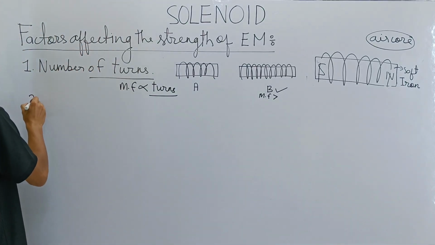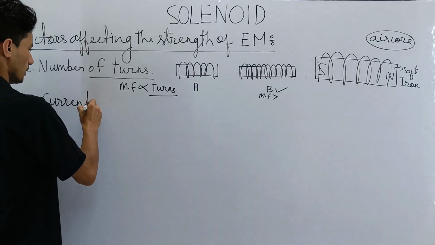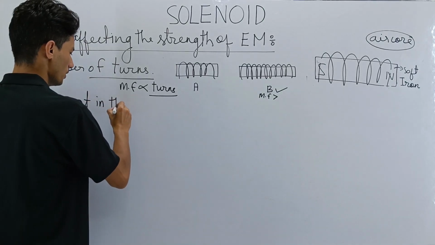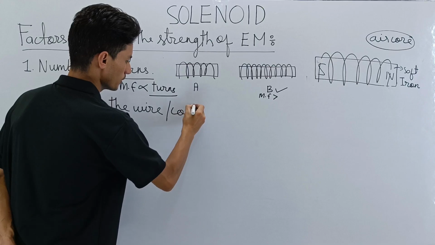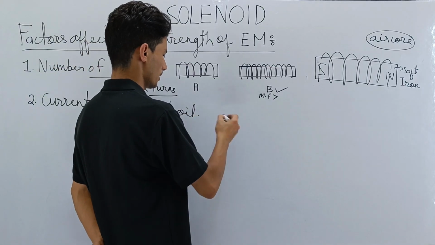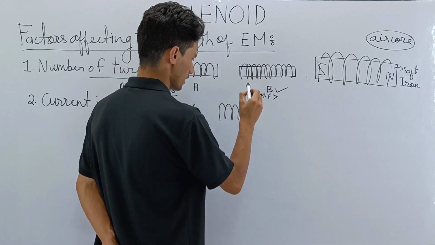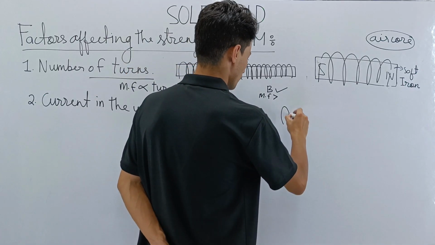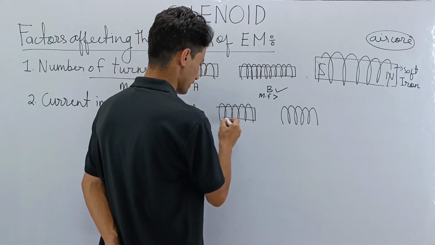Next one, point number 2, it is current in the coil, current in the wire or coil. So let's draw again. Let's make 5 turns again here: 1, 2, 3, 4, 5.